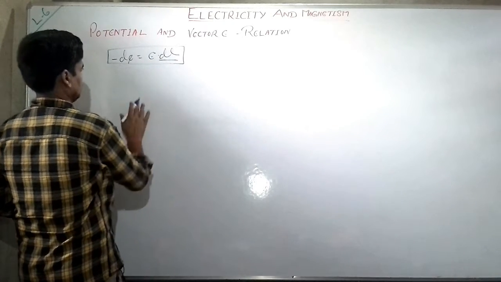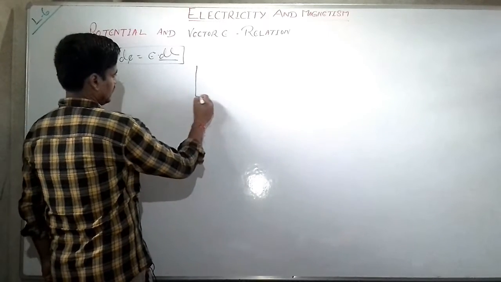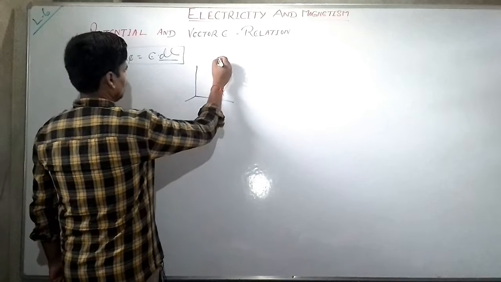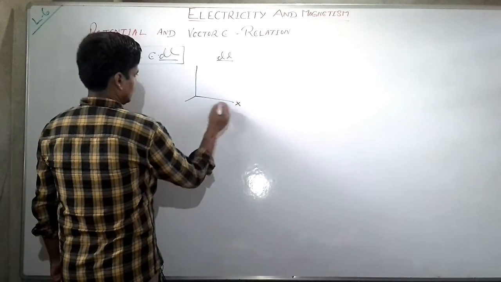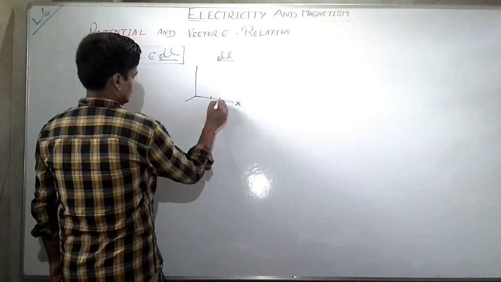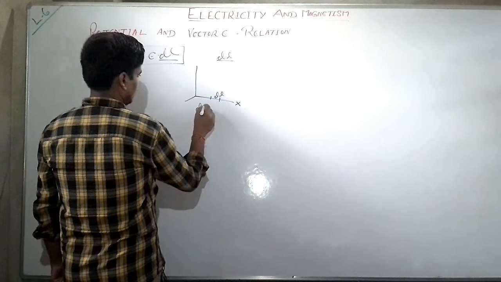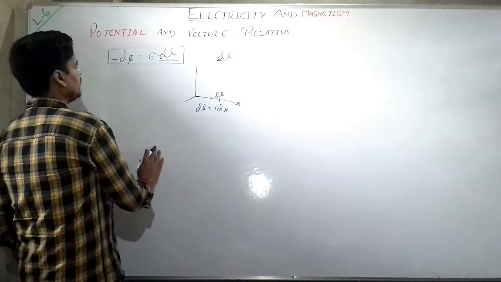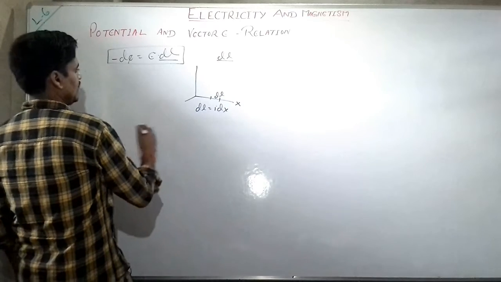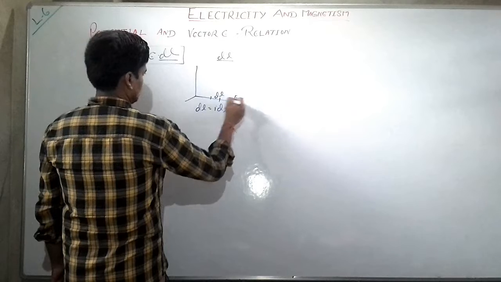dl is the displacement. Now suppose that this dl, or you can call it a line element dl, is in the x direction. So instead of dl we can write dl equal to i dx, and the component of vector E along this x coordinate is Ex.